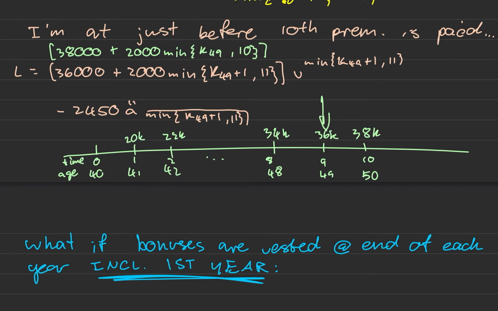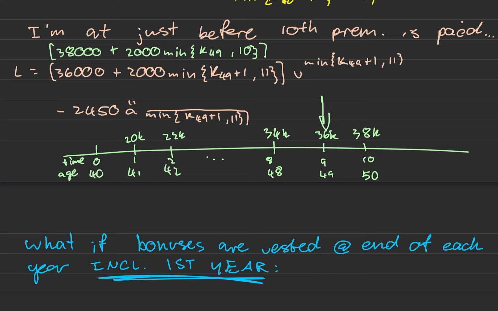So the only real difference that we see is not on death. Why is it not on death? Because if this person dies here, I would only be increasing it if they didn't die. So the bonuses are vested at the end of each year, including the first year, but if they die, it didn't get to increase. So I'm still going to be paying them that 20,000.